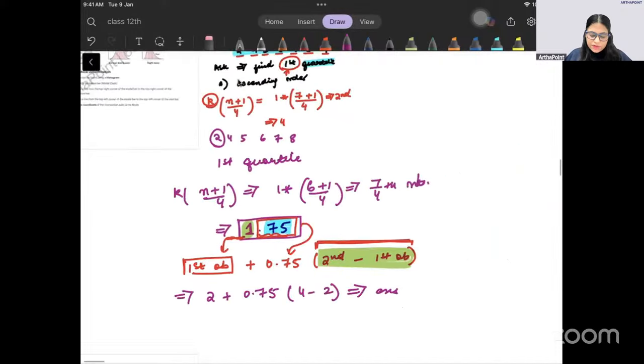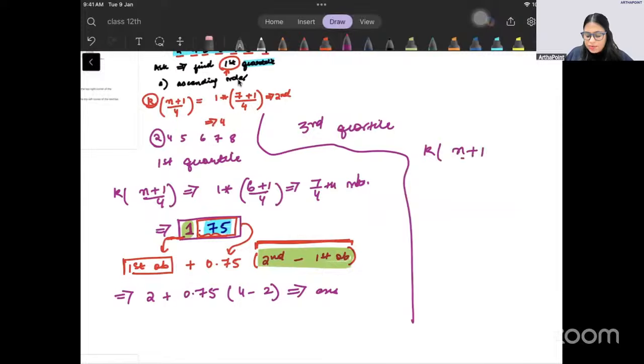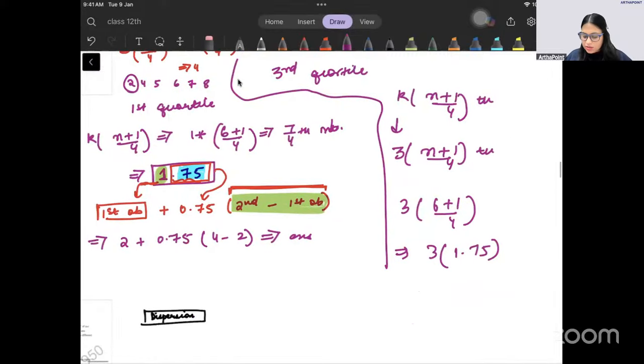Now similarly, suppose I ask you in a question to find the third quartile. It will be k times (n plus 1) by 4th observation. So k becomes 3, n is the number of observations, 6, plus 1 by 4. So it will be 3 into 1.75. Just tell me what number you are getting here. 3.5.